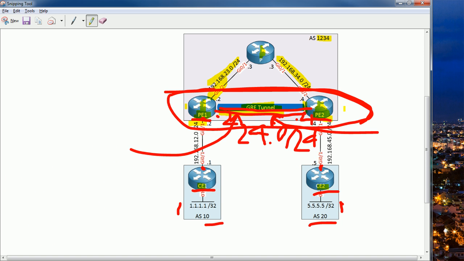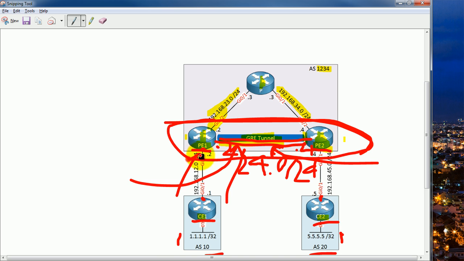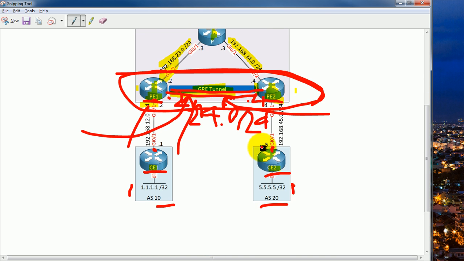C1 to C2 forwards traffic like this, forward to this IP, and then it's just forwarded to the destination, and this reaches this subnet, 1.1.1.1. Okay.